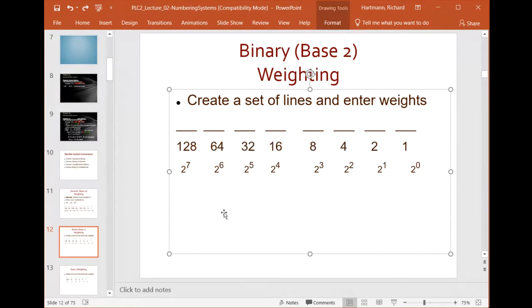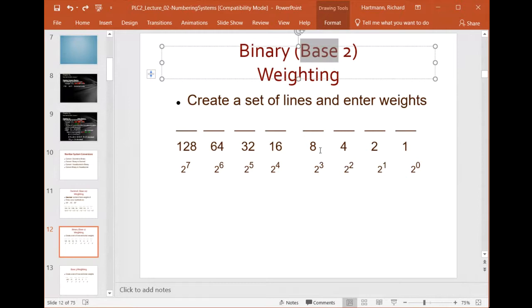When you work with these numbers long enough, you get used to this and don't have to think about it too much. You can just say 1, 2, 4, 8, 16, 32, 64, 128. Notice that we're basically doubling each number, since it's base 2.